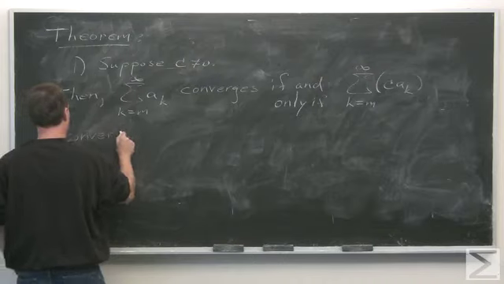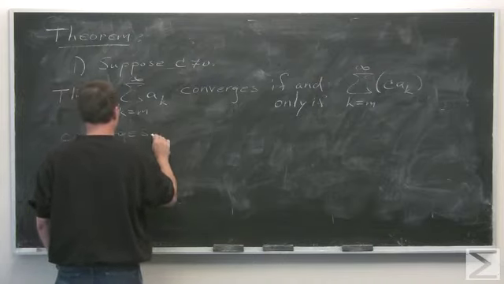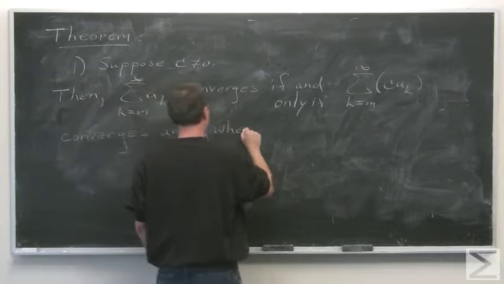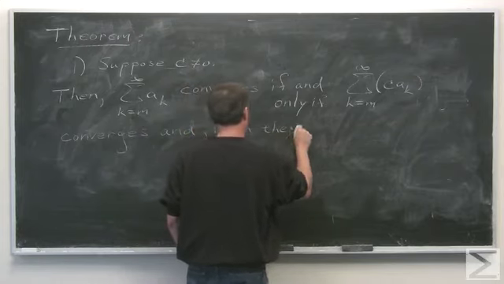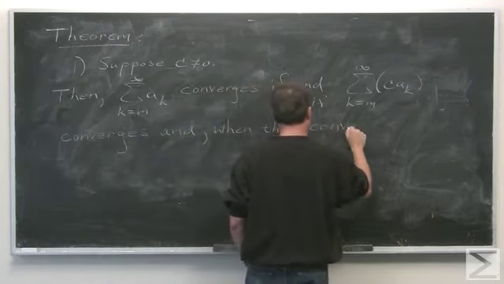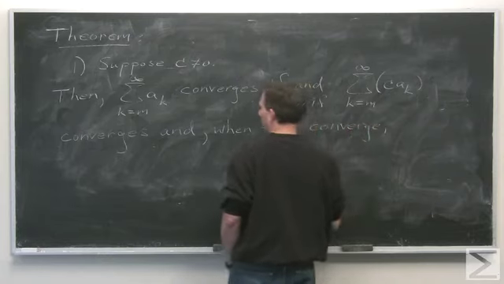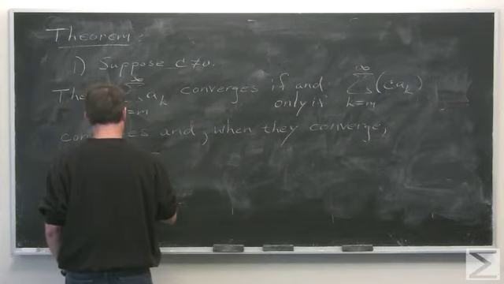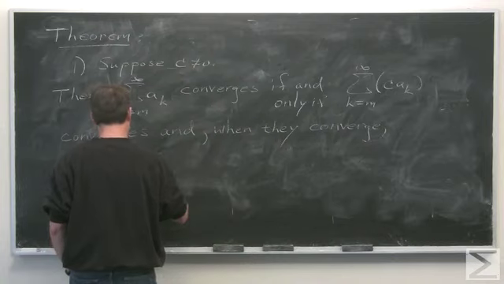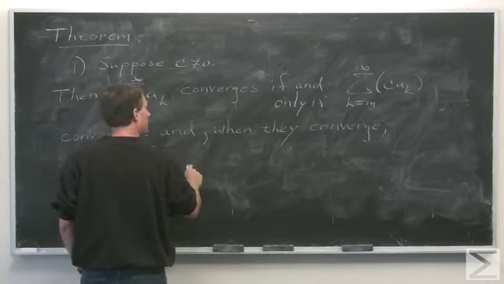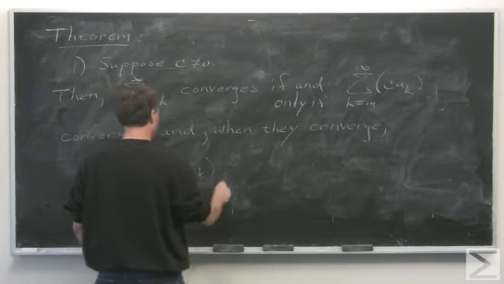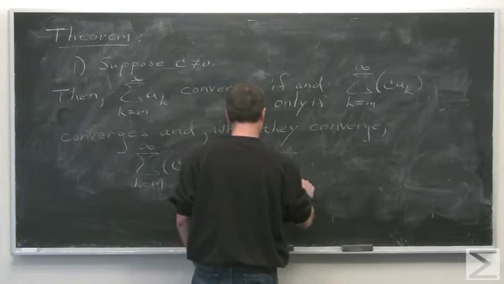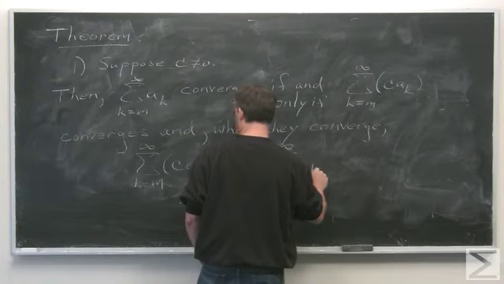And when they converge, what I'm about to write shouldn't come as a shock to you. The sum as k goes from m to infinity of c times a_k equals c times the sum as k goes from m to infinity of a_k.